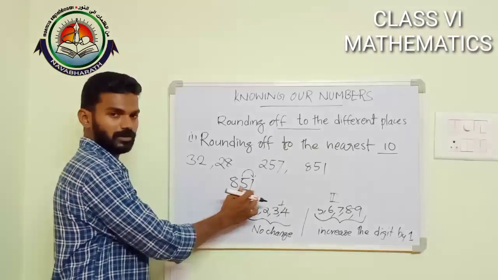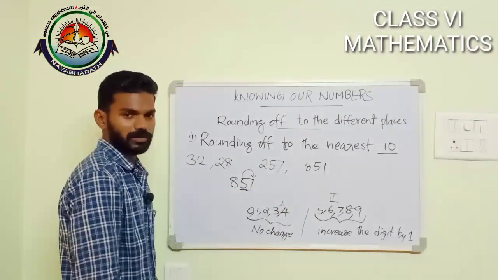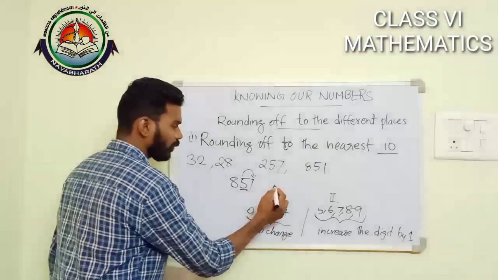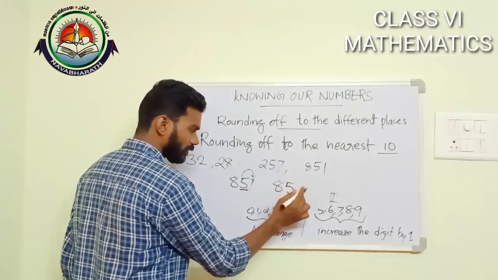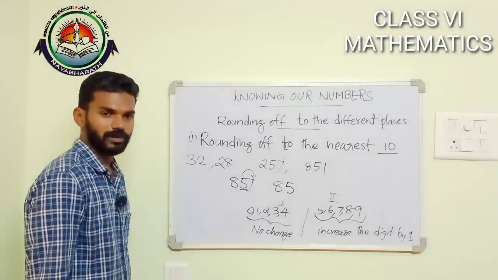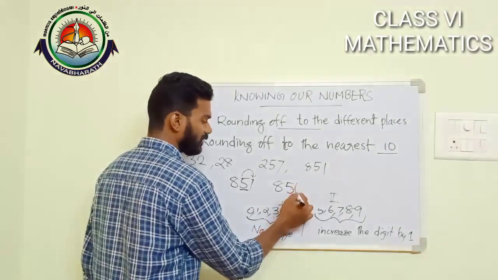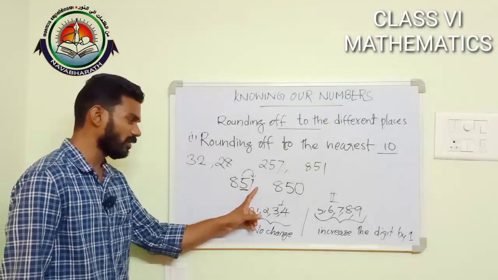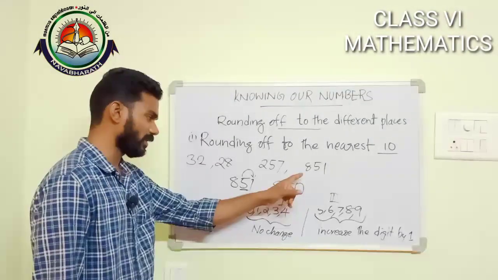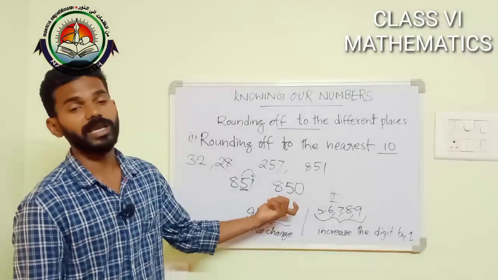It is written as the number already is. Clear? So what would be the answer? 8. And there is no change for 5. 5 is written as 5 itself. And then the remaining digits have to be replaced with 0. And as you can see, only 1 digit is remaining and it has to be replaced with 0. So the rounded off value would be 850.